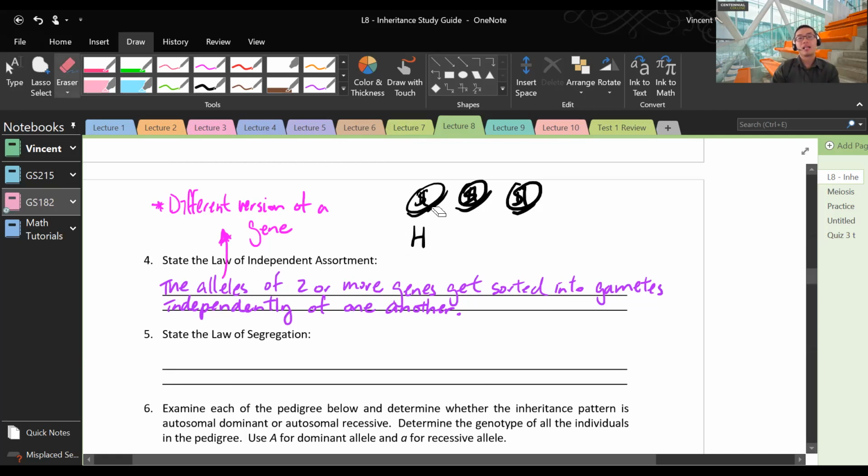I'm saying if I flip the first coin and I get a head, what's the chance of getting a head when I flip the second one? Yeah, 50%, it's still 50%. Let's say I flip the first coin, I get a head. I flip the next coin, I get a head.